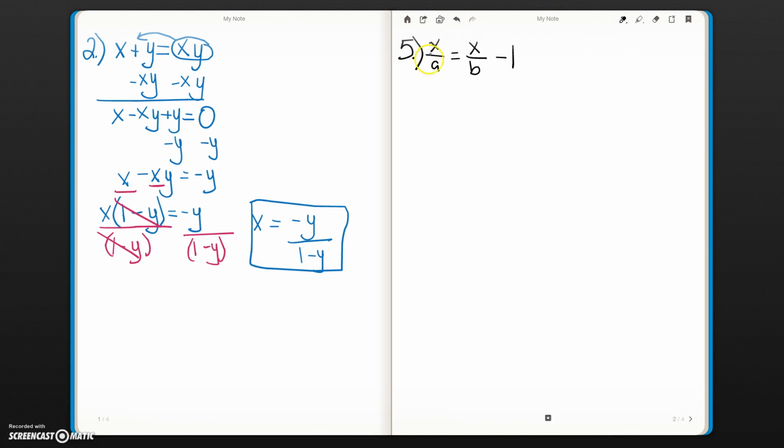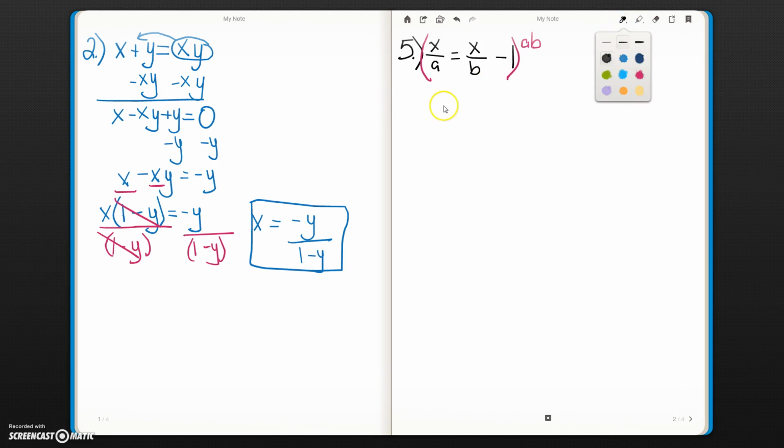So since I have these denominators here, I don't need them. I need to get rid of them. So I'm going to multiply this entire equation by the common denominator, which for this case is ab. Anything that I'm multiplying up here that I have in my denominator is going to kind of cancel out.